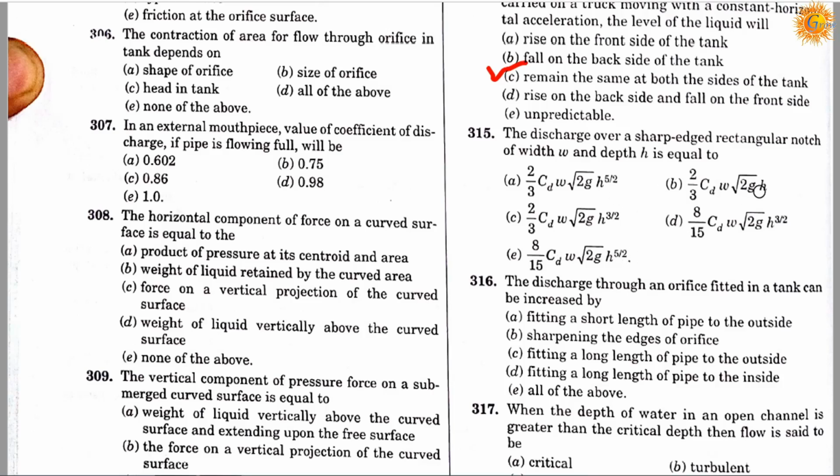Everywhere H is outside of the root. So the correct answer will be C. It will be 2/3 CD W under root of 2g, H power 3/2.